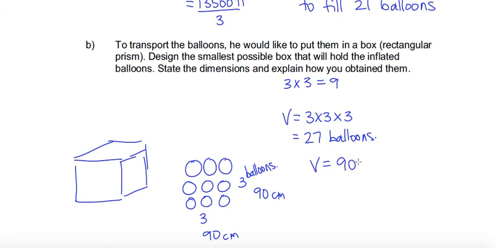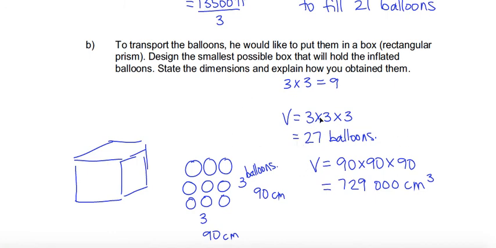And so now let's calculate the volume of my box, using centimeters now. So 90 times 90 times 90 would give me 729,000 centimeters cubed. So this is just one version of the design that you might use.